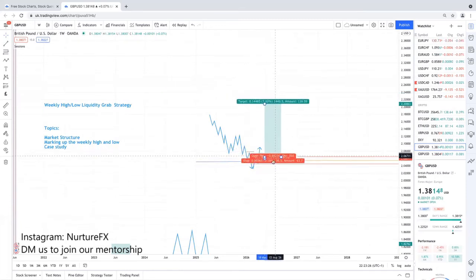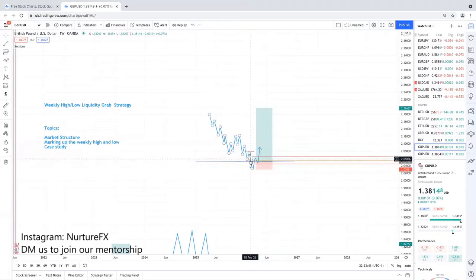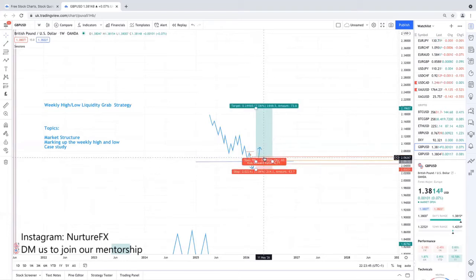Okay, so we're going to enter here. We're going to have our stop loss just below that candle. That's why we get such small stop losses. Or if you want to be slightly more conservative, you put your stop loss just under the low of the last down candle. Now if you're right on this, then obviously we're going to see a big push up, and that's what we're aiming for here.